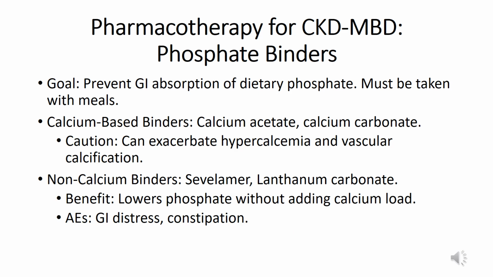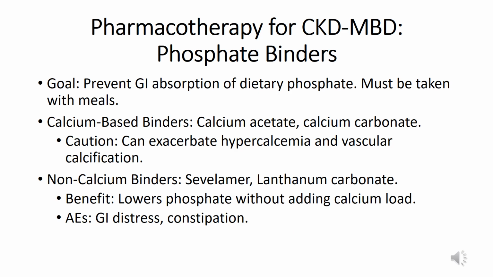They are most effective when combined with dietary phosphate restriction, and when used consistently with every meal. Missed doses can lead to poor phosphate control. Over time, good phosphate control helps stabilize parathyroid hormone levels. It also helps protect bone structure, and it reduces vascular calcification risk. So phosphate binders are not just supportive therapy.